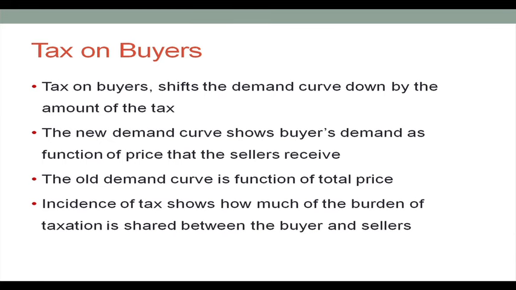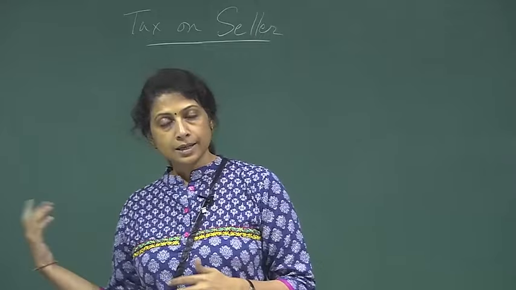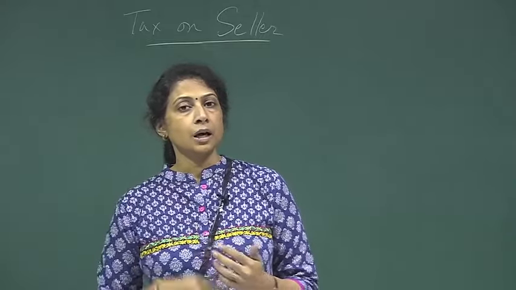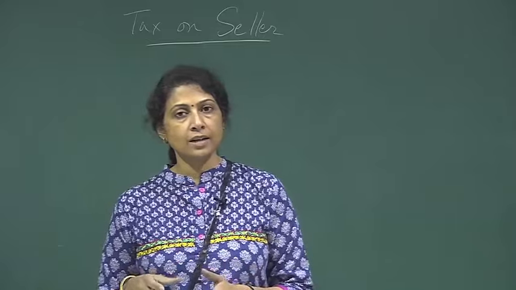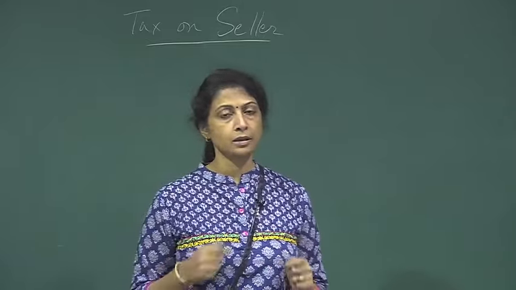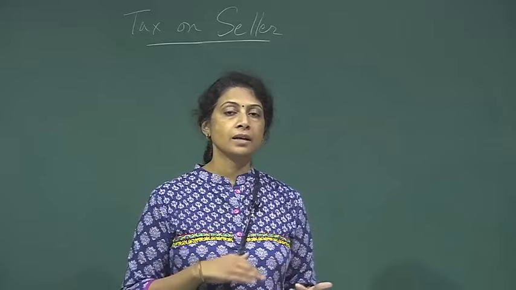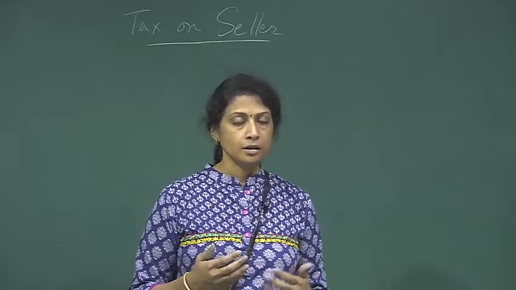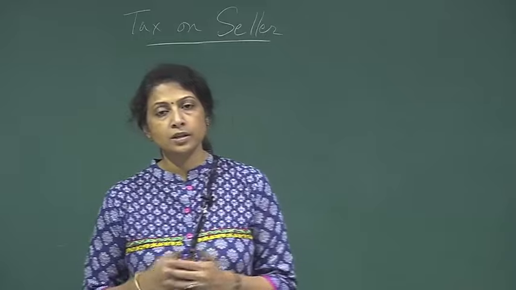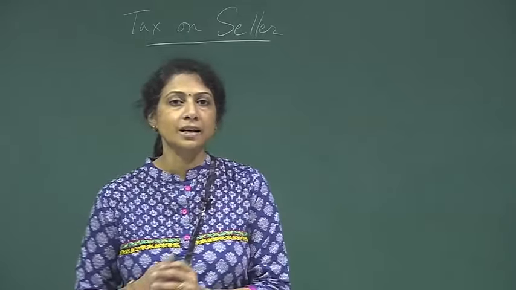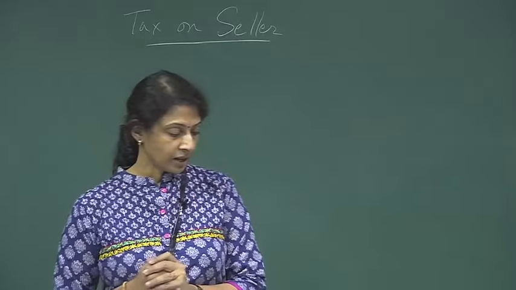Incidence of tax shows how much of the burden of taxation is shared between the buyers and the sellers. From the example that we took, we saw that 1.5 rupees of tax is split between the buyer and the seller. The buyer pays a higher amount of 1 rupee per unit of good, and the seller charges a price 0.5 less than the original equilibrium price.